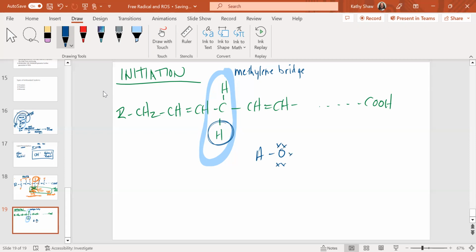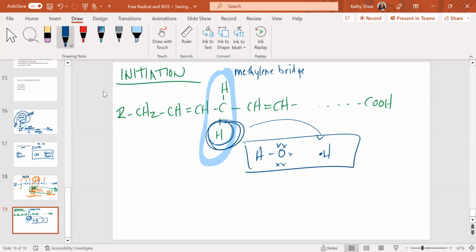And what it's going to do is it's going to pull this hydrogen off. It wants another hydrogen. So here it is, and it makes water. So it's stabilized, it's fine, it's all good. But we just made water plus a lipid radical.